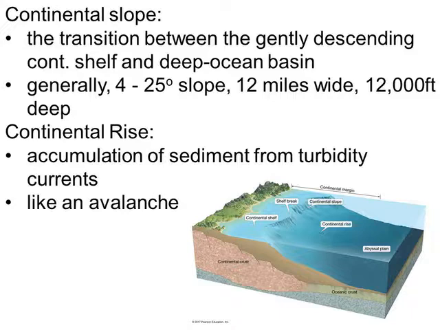So typically you'll see the continental rise looking more like an avalanche that deposited a lot of material down at the bottom. So it just kind of looks like a haphazard amount of material down there. And you'll see what's known as layering of the material, and we'll get to that in a little bit.